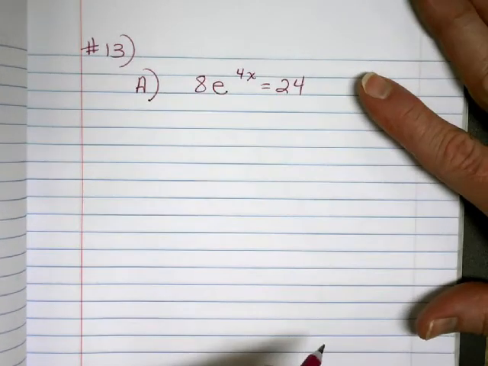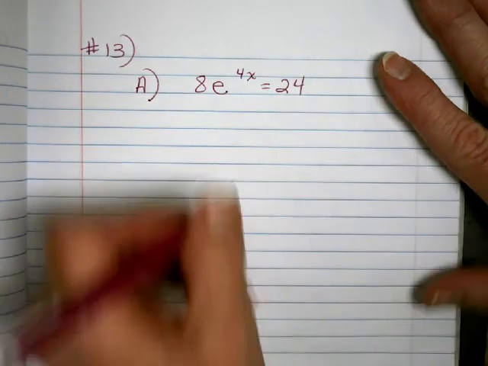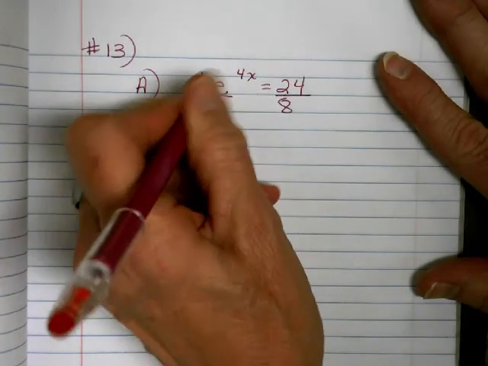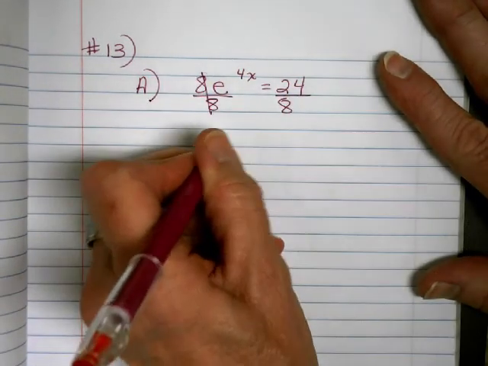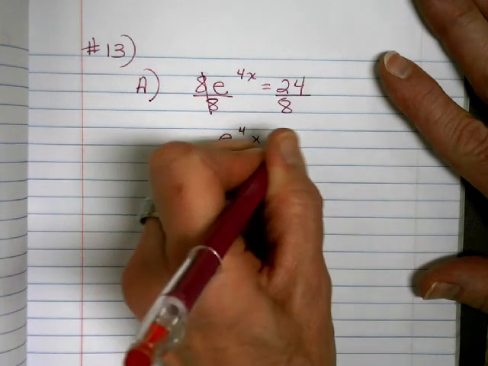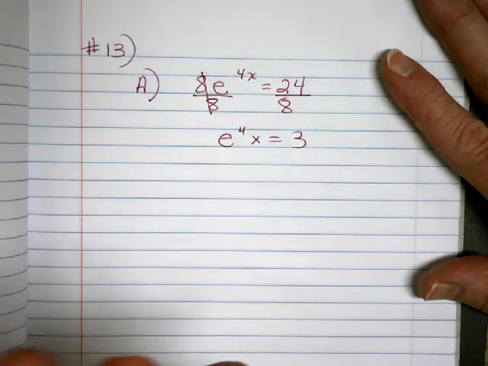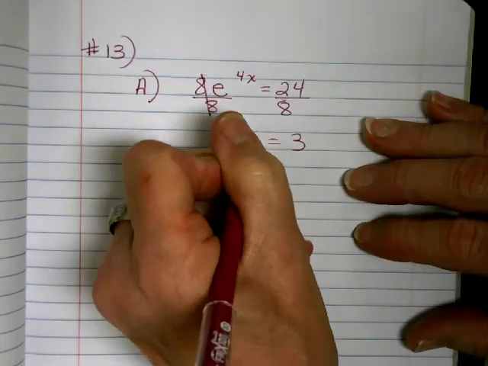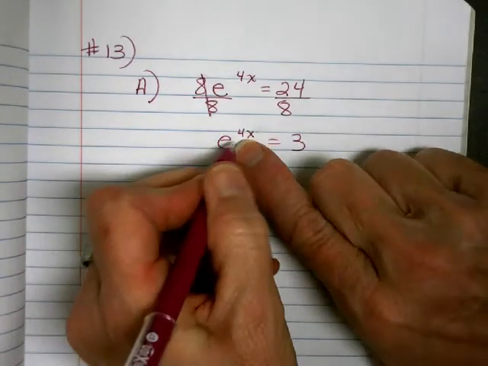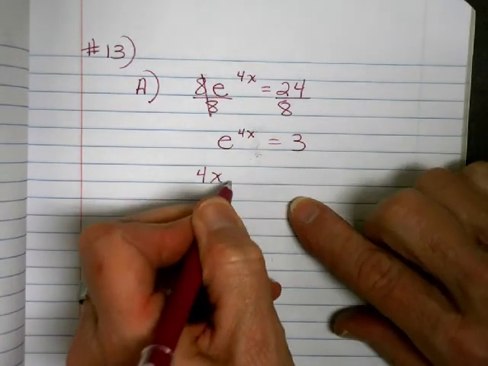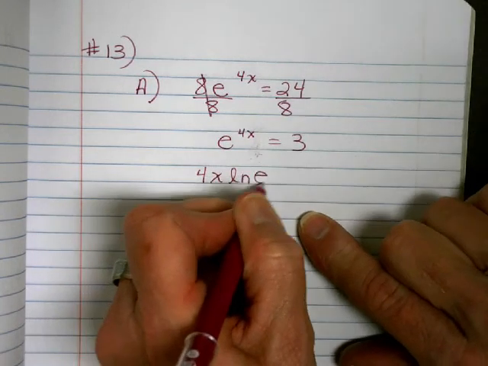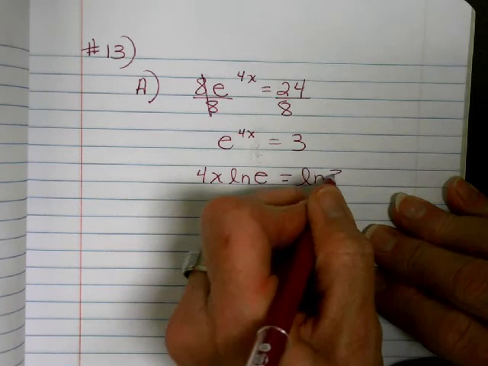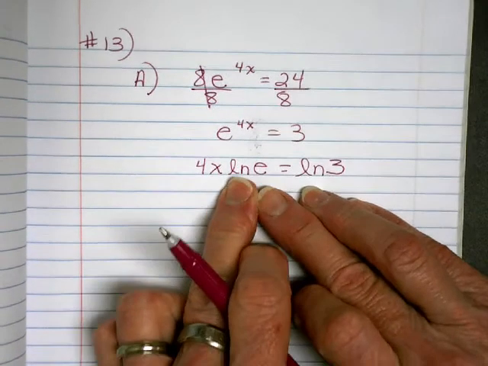So if I have 8e to the 4x, got to get rid of the 8 first because I need that e to the 4x alone. And then easy mistake, I'm going to take the natural log, so it's 4x, natural log of e.